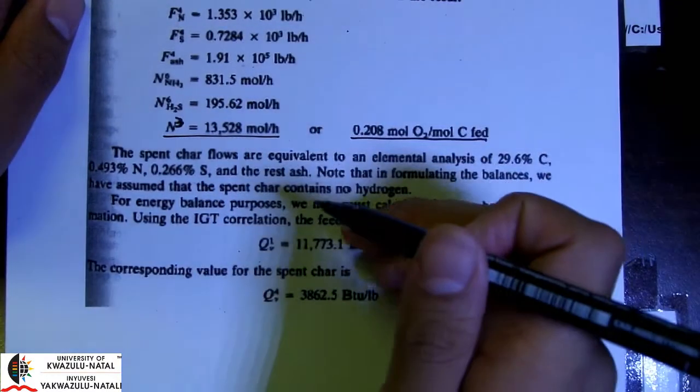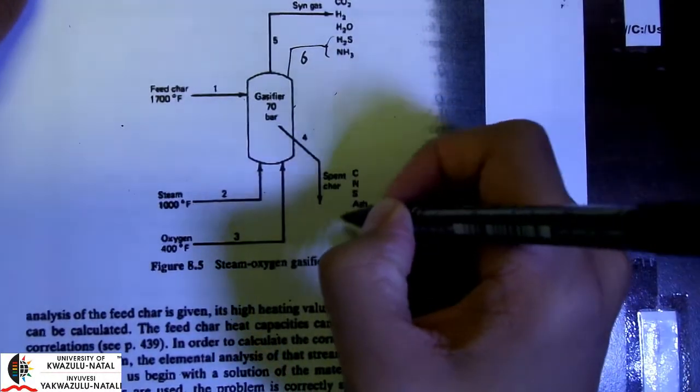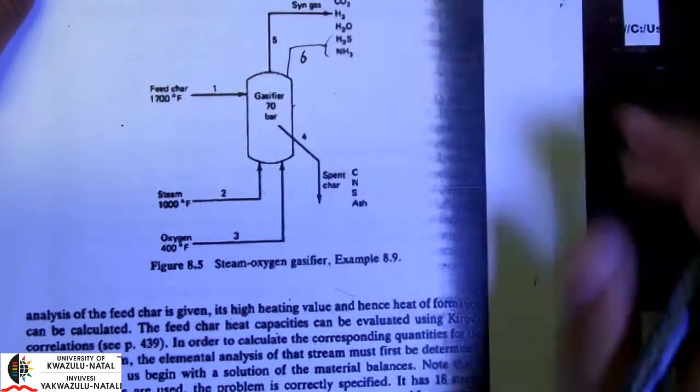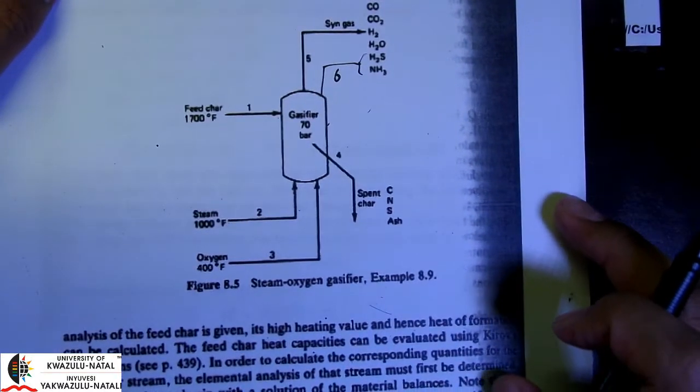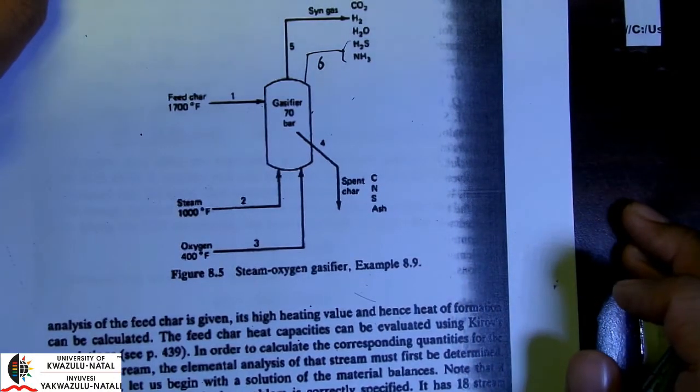Now the second part is of course trying to find the outlet temperature, which is a significantly bigger problem, or it's a lot more difficult to find, but let's make an attempt and see where we go.